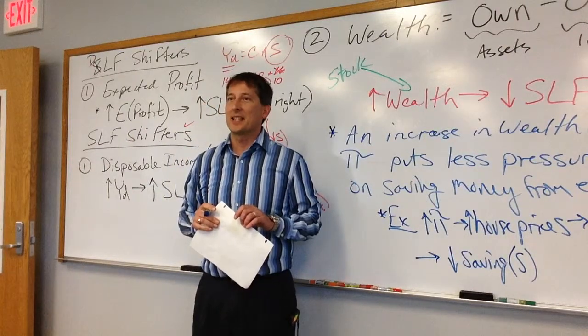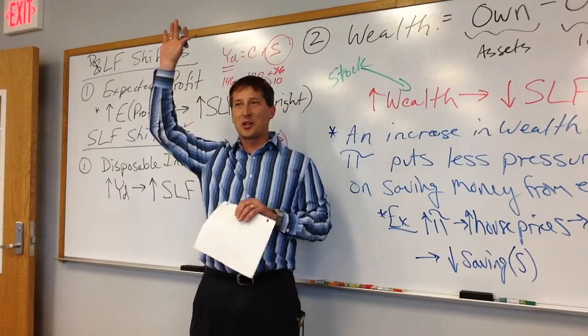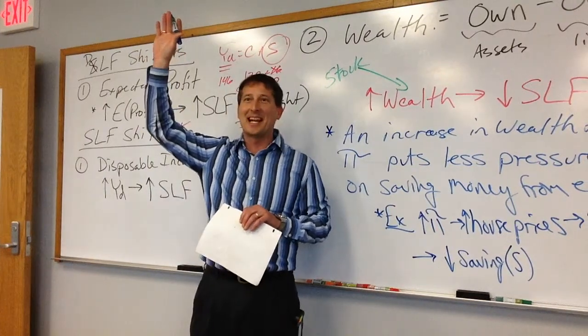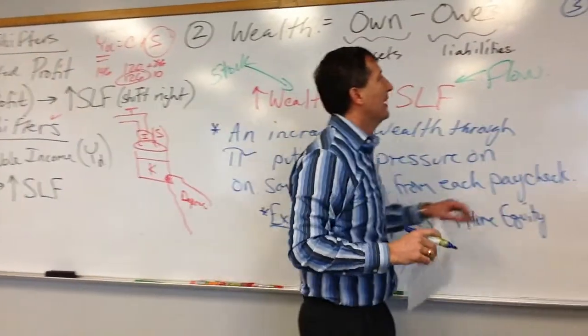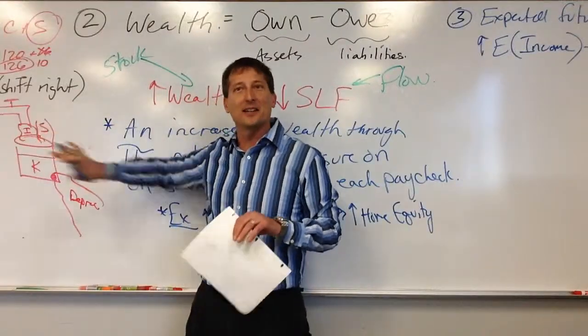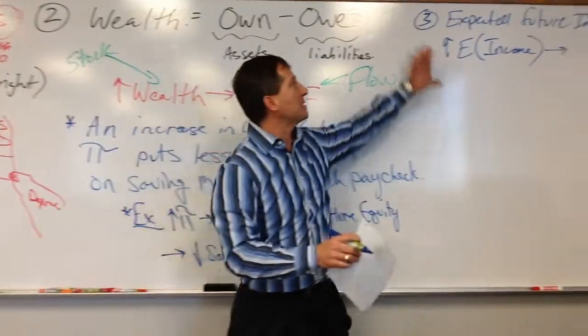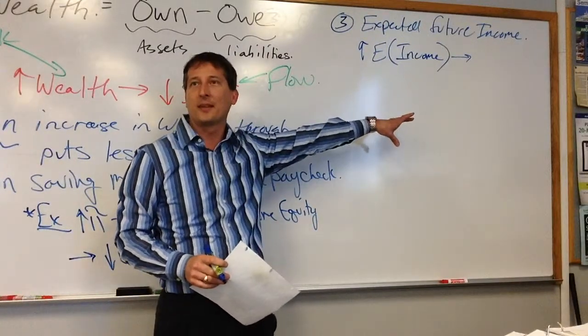Do you tend to save more today? A lot of you guys, how many of you are expecting more income in the future than you are currently making today? Hope so. I hopefully see a whole bunch of hands here, right? And so how's your saving behavior today? Are you guys tucking away lots of dollars? No, right? So when you expect higher income in the future, like, I'll worry about that tomorrow.